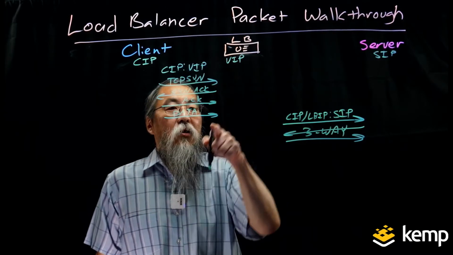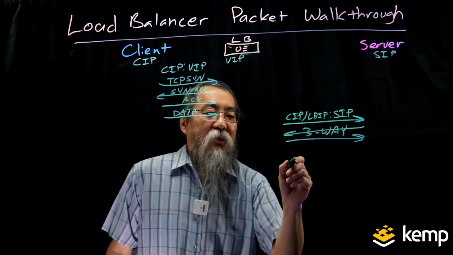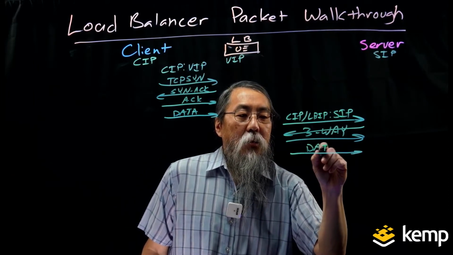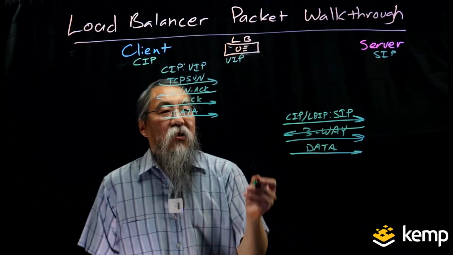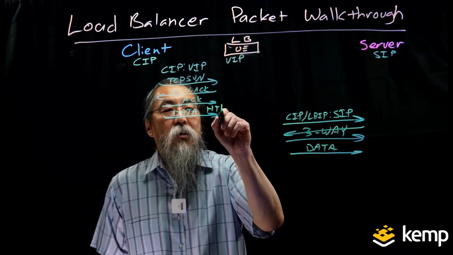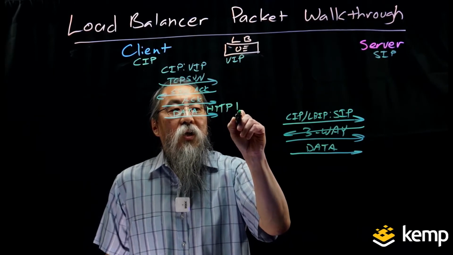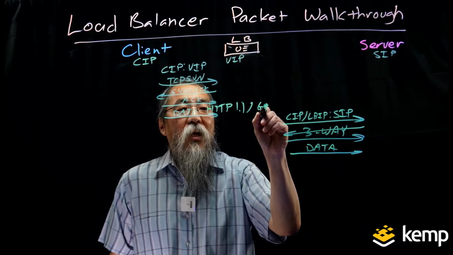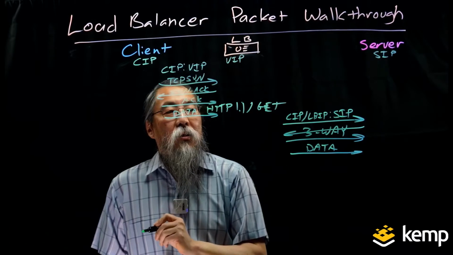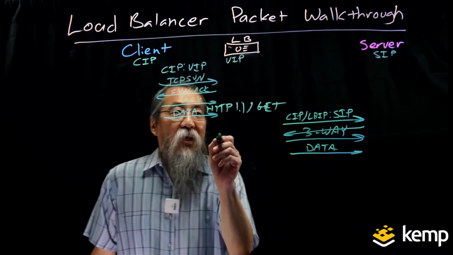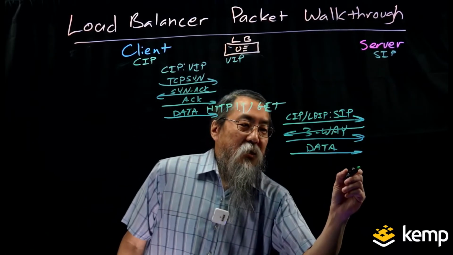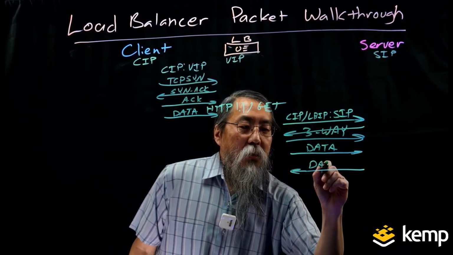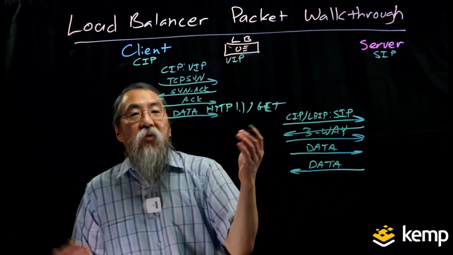And then the load balancer will then, once that's established, go ahead and send that data. Again, this data could be like an HTTP 1.1 GET. And then the server is going to send its response data, like the web page.